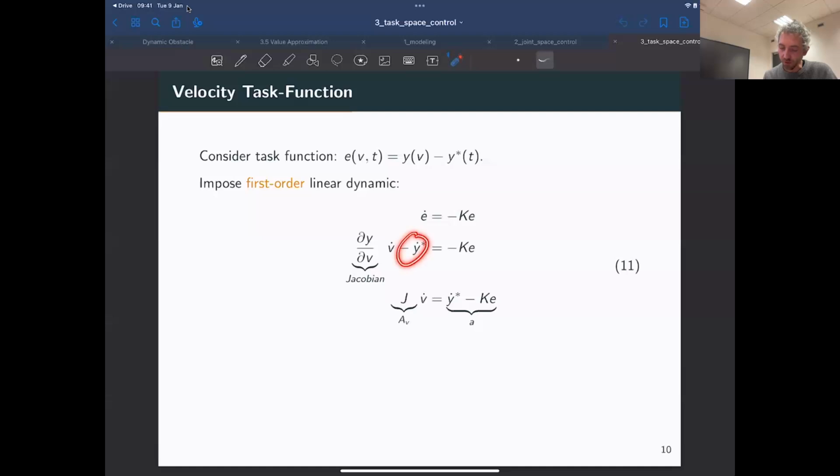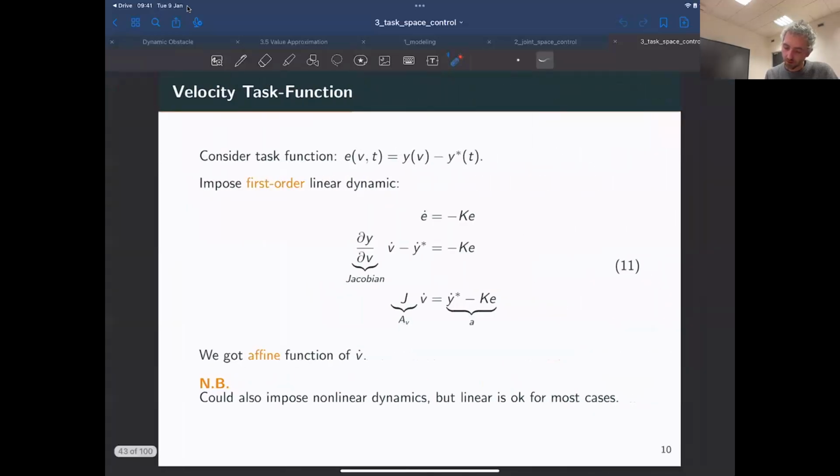We can move this Y dot star to the left-hand side. And so we can see even more clearly the linear dependency on V dot. This is the same I was saying before.